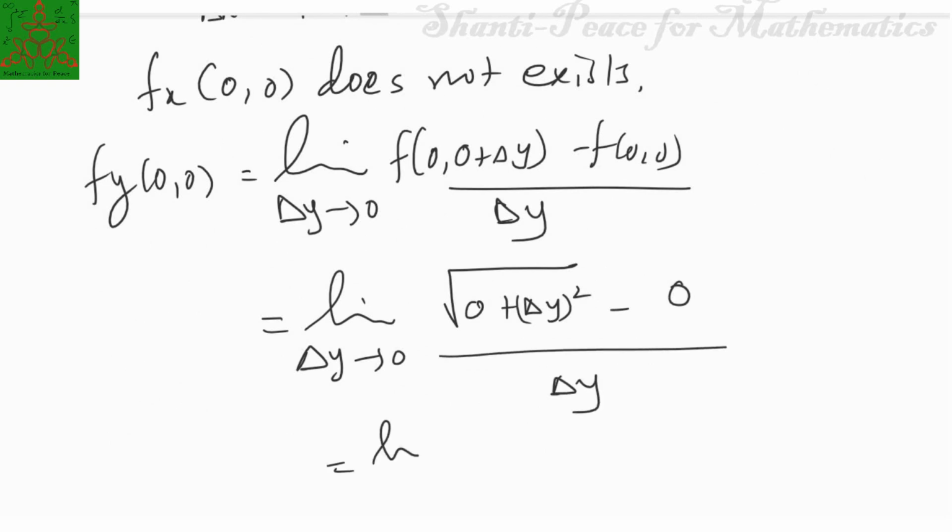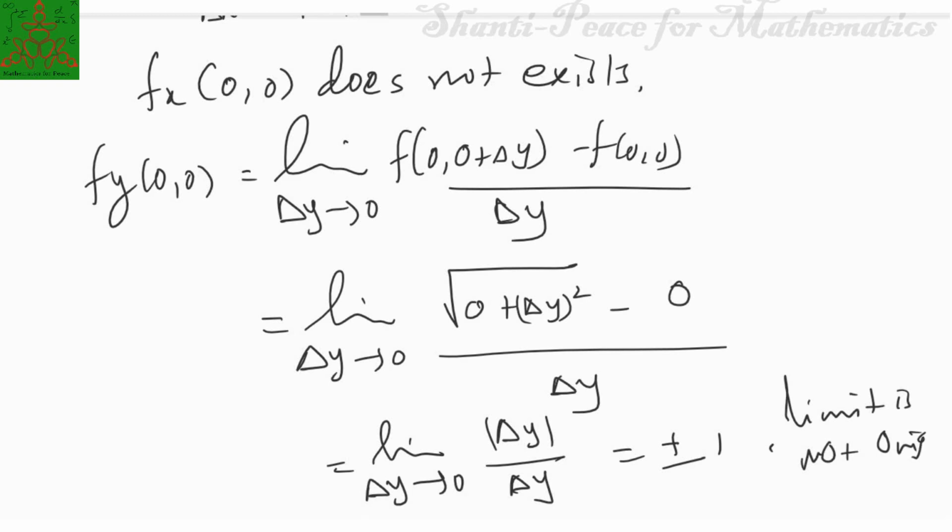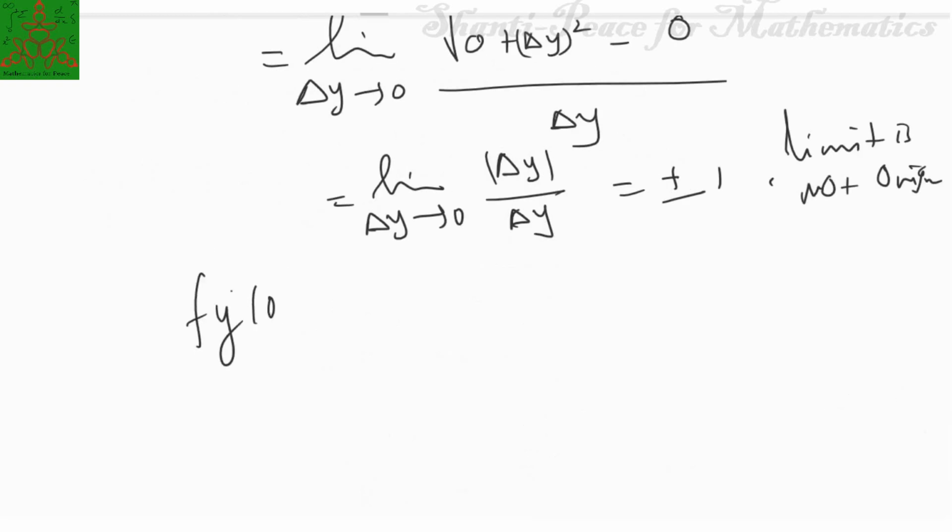So again in a similar manner, as delta y tends to 0 this will be mod of delta y upon delta y. This has a plus or minus answer, so the limit is not unique. Hence we can say that fy at 0, 0 does not exist.